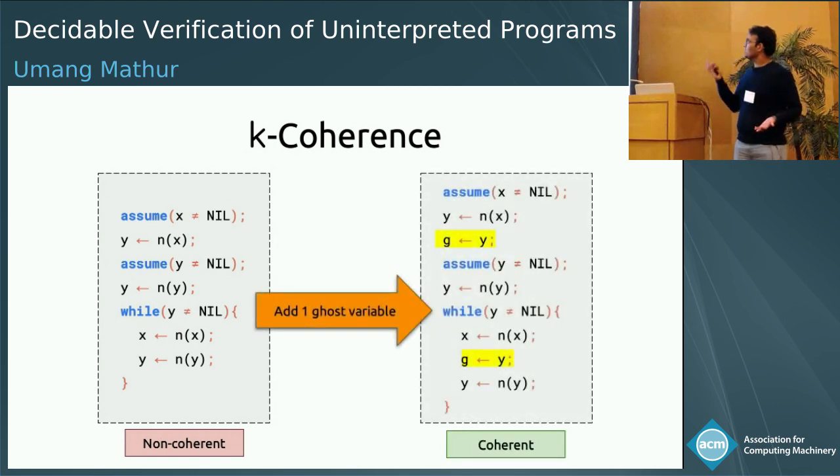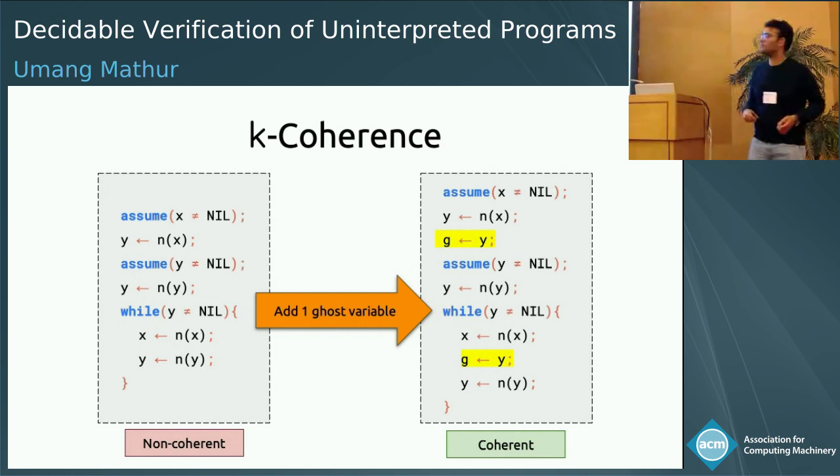You can add an additional variable g, and before you overwrite a term, you store it in g. So g here is a variable that does not affect the semantics of the program. It's always only a write-only variable.